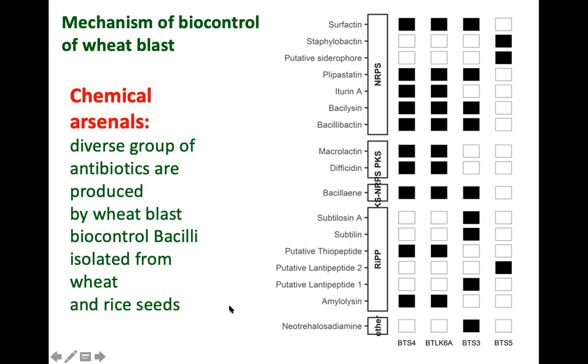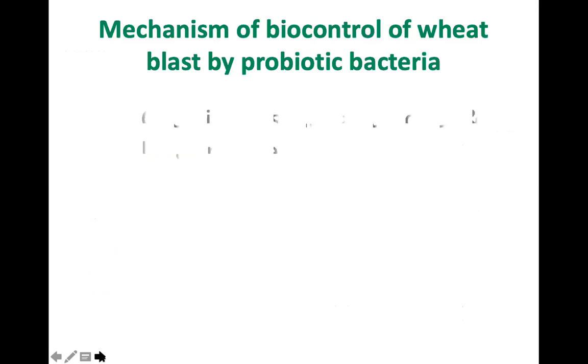Very interesting. We isolated them from the wheat seed and rice seed because they are co-evolved in a way, and they are naturally present in the internal tissue of the wheat seed. This is why, if we practically apply them in the field, it should not be harmful for nature as well as for human health.